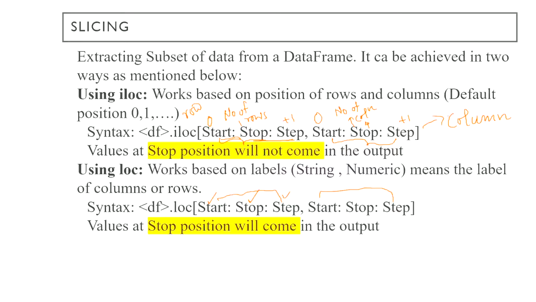And here you must remember that the value at the stop position will come in the output. Two differences. iloc works based on position. loc works based on label. In iloc, the value present at the stop position will not come, both for rows as well as for columns, and in case of loc, for both rows and columns, whatever value you have in the stop position will come in the output.